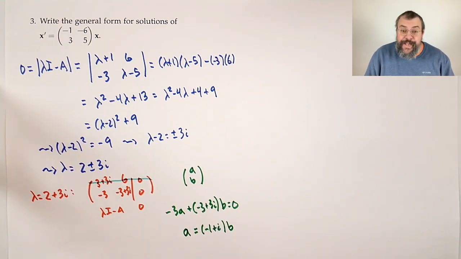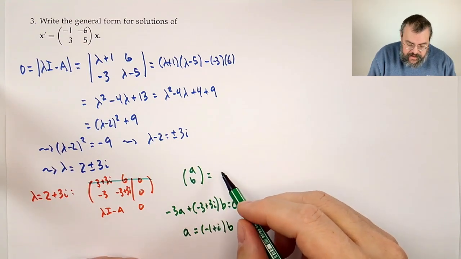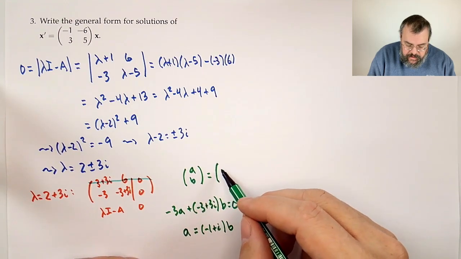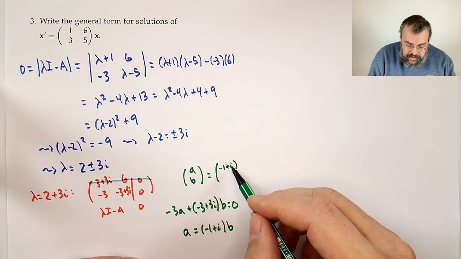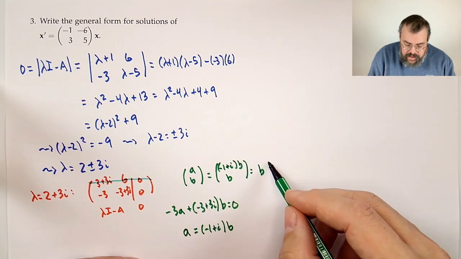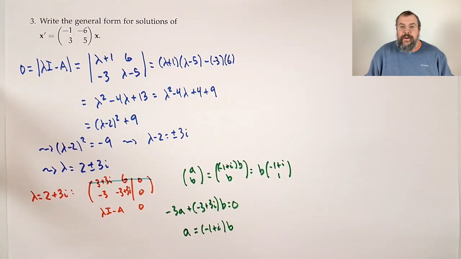Okay, that's pretty clean. So that says our eigenvector has the form of negative 1 plus i times b, or b times (negative 1 plus i, 1). All right, good. And of course, that's not unique.